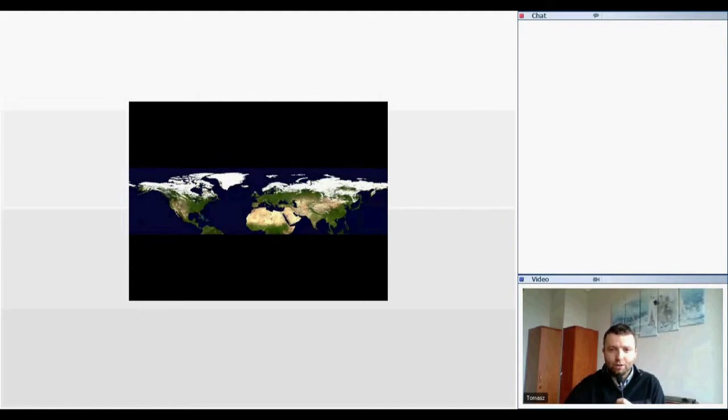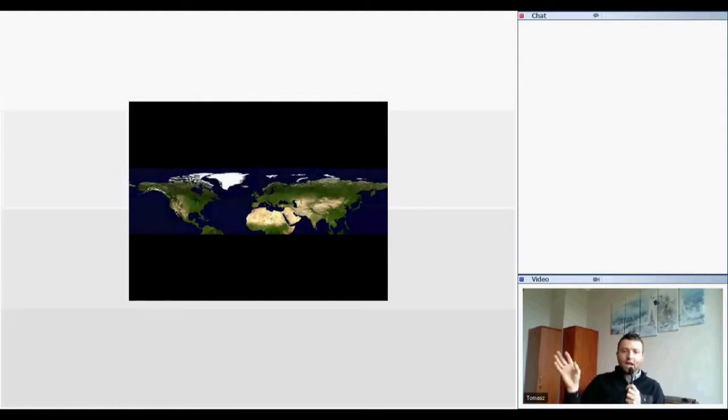And then during fall and winter, snow cover appears. And in the springtime, it disappears, and stays only in high latitudes or high altitudes. So in the polar regions or in high mountains.